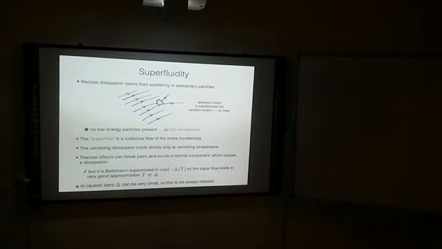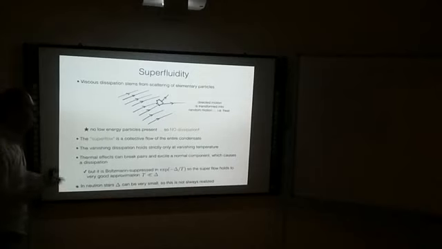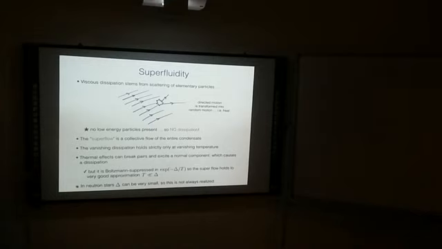Since there are no low energy particles here, there is actually no dissipation. That means that the fluid actually flows without any friction. And the reason for this is that what flows is basically the superfluid. I mean, you basically have a macroscopic quantum state that represents the fluid, and you don't have any low energy degrees of freedom that could dissipate energy.